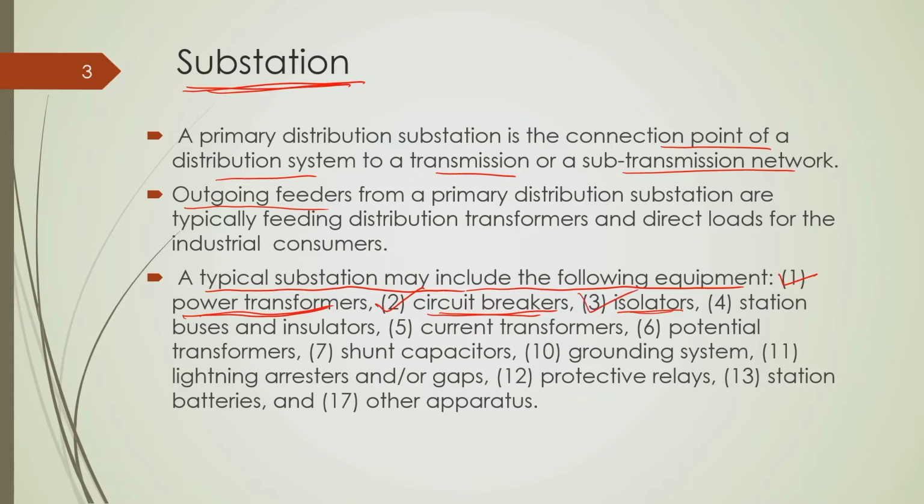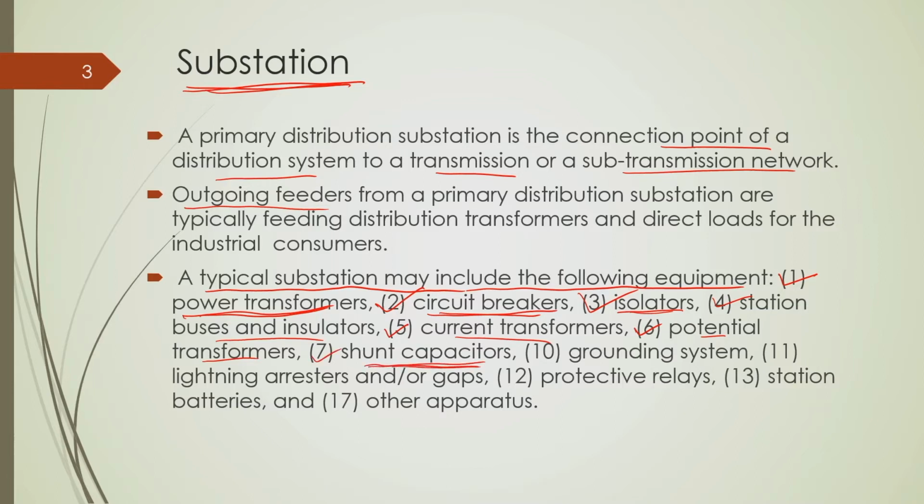You might know the miniature circuit breaker which is there in your home. Then we have isolators, station buses and insulators, and current transformers and potential transformers, which are for measuring and protection purposes. We also have shunt capacitors for providing reactive power compensation.